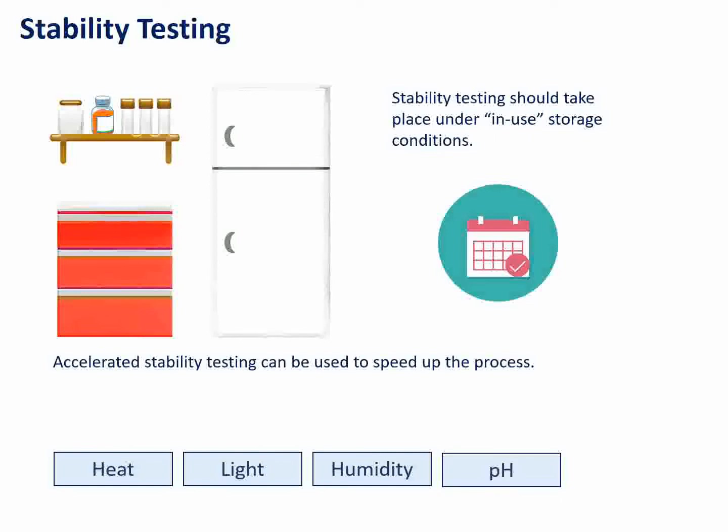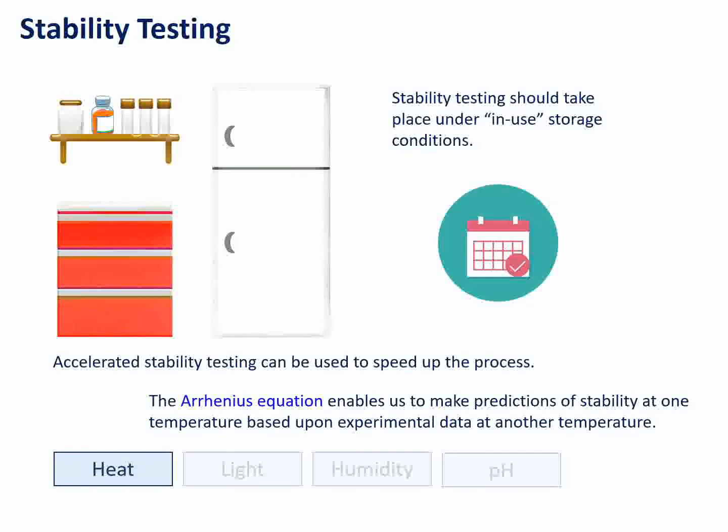Now in this tutorial we're just going to consider one of these. We're going to look at heat, and the reason we're going to consider that is because there's something called the Arrhenius Equation, and that enables us to make predictions of stability at one temperature based upon experimental data at another temperature.